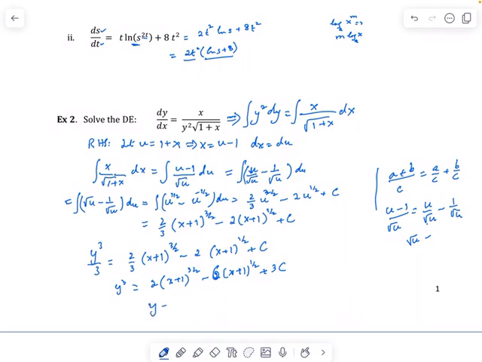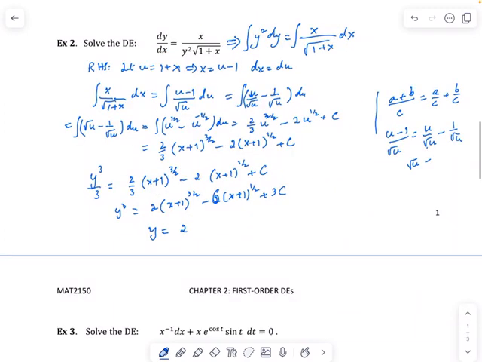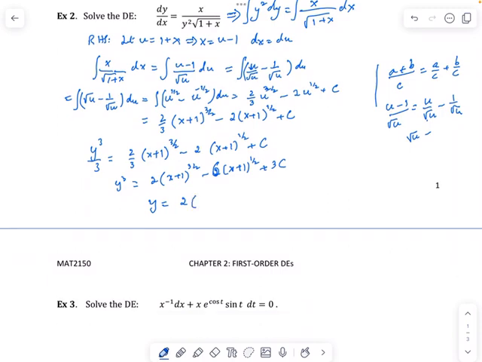So y equals the cube root of 2 times (x plus 1) to the 3 halves minus 6 times (x plus 1) to the 1 half plus 3c. So that is the answer.